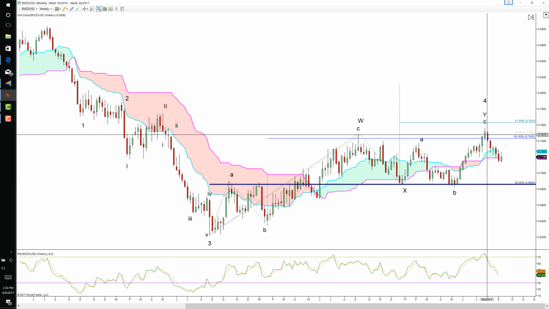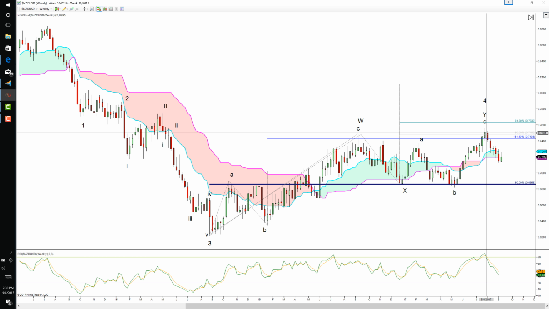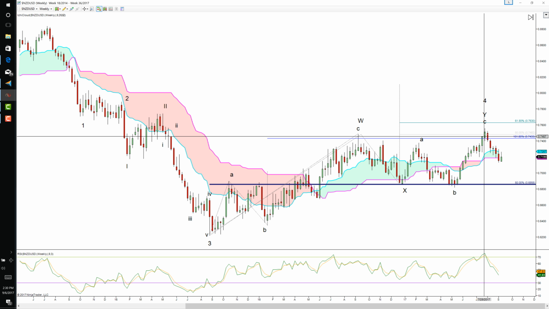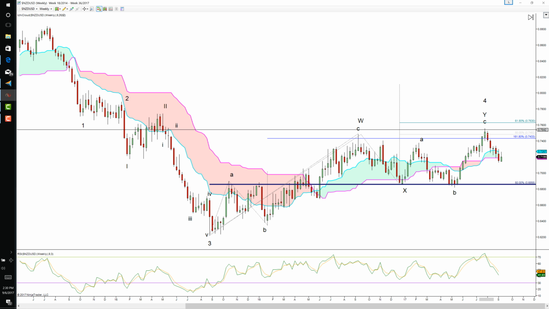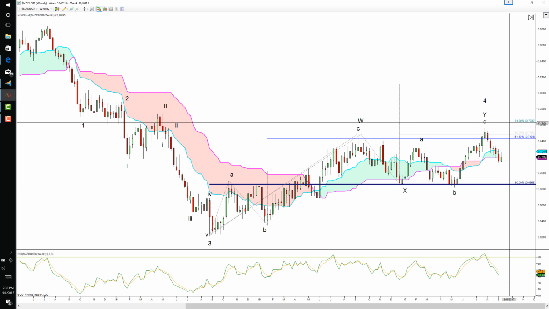And it went just above 50%, basically. 50% was 74.82. It found its ending resistance at 75.57, and then as you can see, 0.618 was just under 100 ticks above that.